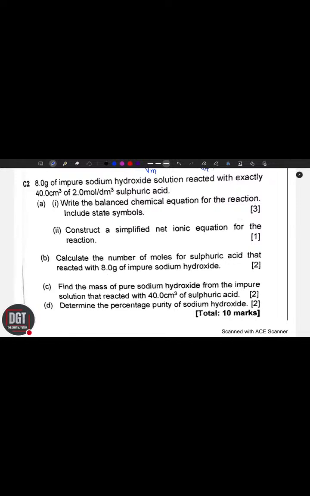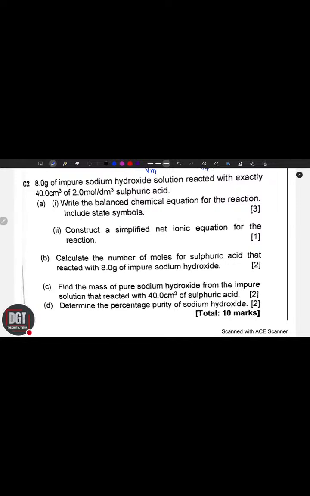So you see what I said is that you should be able to know the types of strong acids. What is reacting here is sodium hydroxide and of course sulfuric acid.